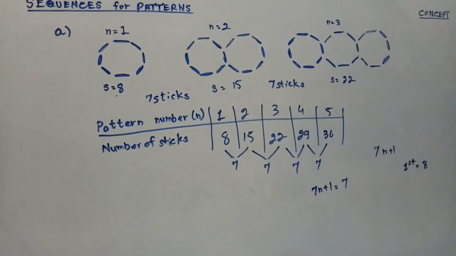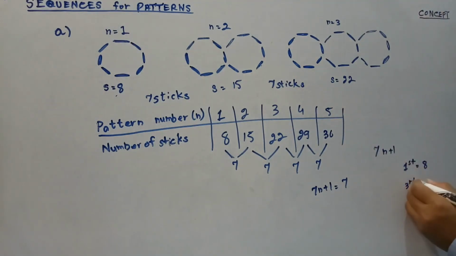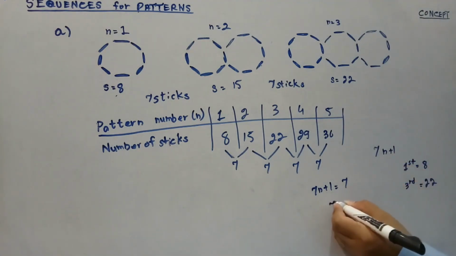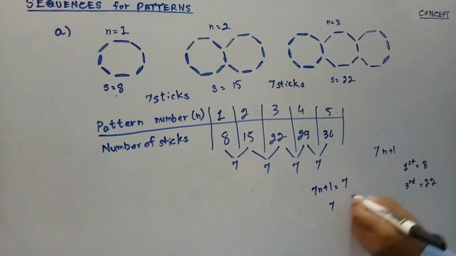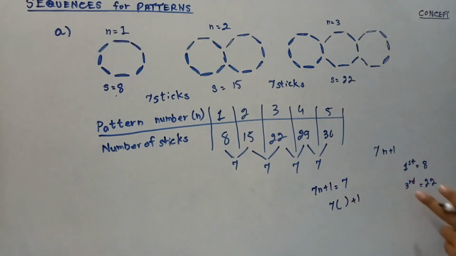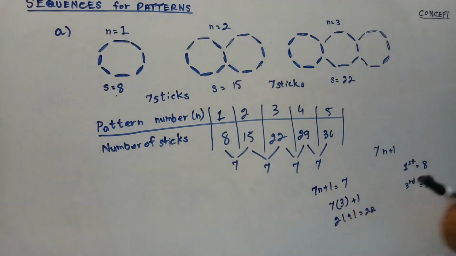And you can also check any other term. Let's say we want to check the third pattern, which has 22 sticks. You can also get 22 sticks from this formula: 7n plus 1, because we have the third pattern, so we put 3 instead of n. 7 times 3 is 21, plus 1, which is equal to 22 sticks.